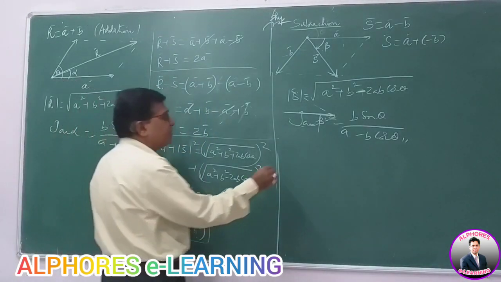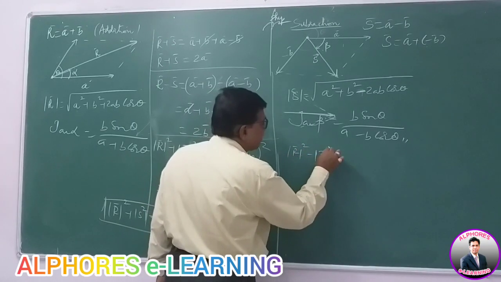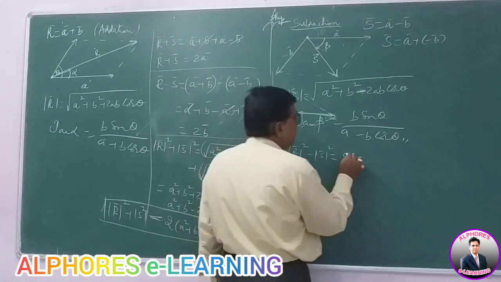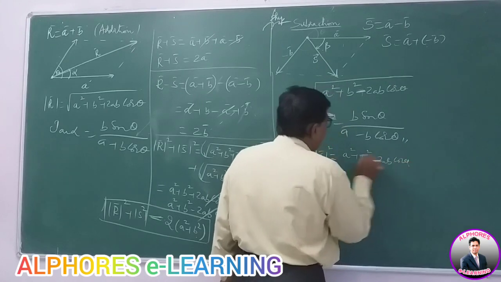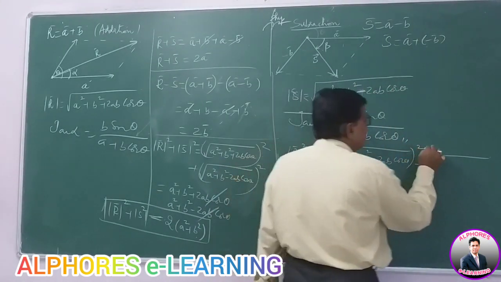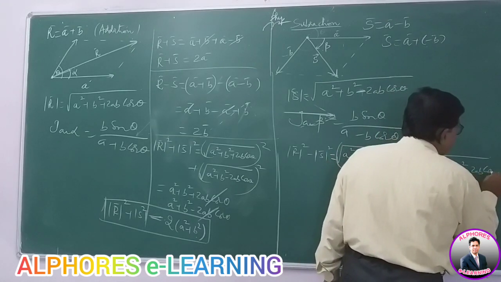Similarly, you can be asked to find out what is mod r square minus mod s square. Subtraction of these both. So this is a square plus b square plus 2ab cos theta, minus a square plus b square minus 2ab cos theta.